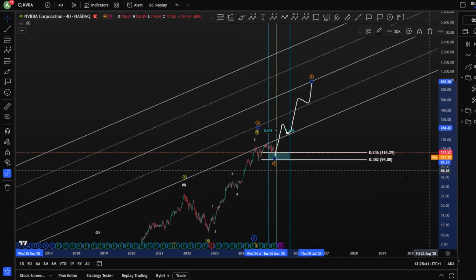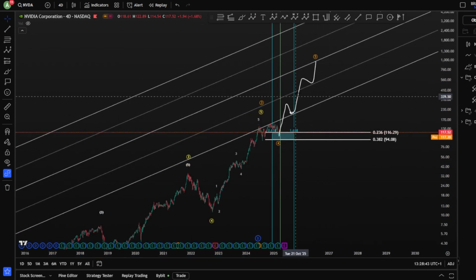So this is what we would like to see, a wave 5 ranging inside the acceleration channel, hitting the midline for this channel, and claiming that the wave 5 has finished over there.